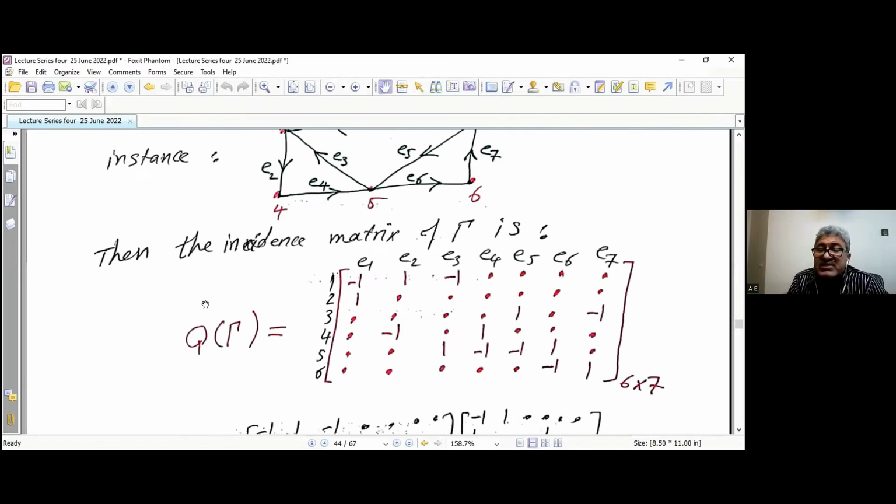We have 6 vertices and 7 edges, so the incidence matrix is a 6 by 7 matrix. For example, in the column related to edge E4, E4 is an edge from vertex 4 to 5, so we put 1 for vertex 4 and minus 1 for vertex 5.